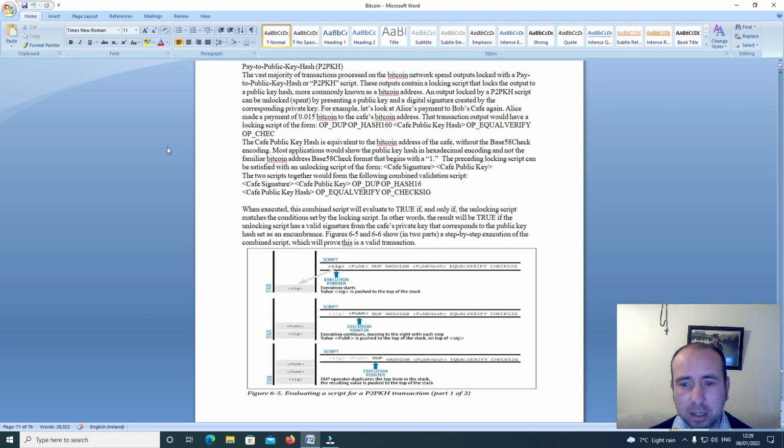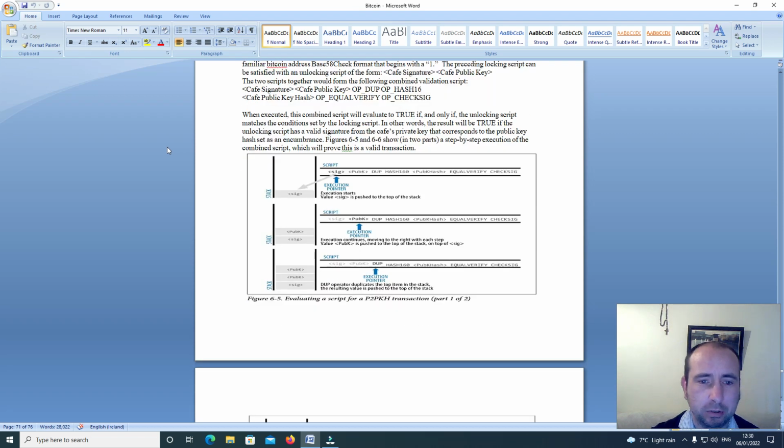The preceding locking script can be satisfied with an unlocking script of the form cafe signature, cafe public key. The two scripts together would form the following combined validation script: cafe signature cafe public key OP_DUP OP_HASH160 cafe public key hash OP_EQUALVERIFY OP_CHECKSIG.